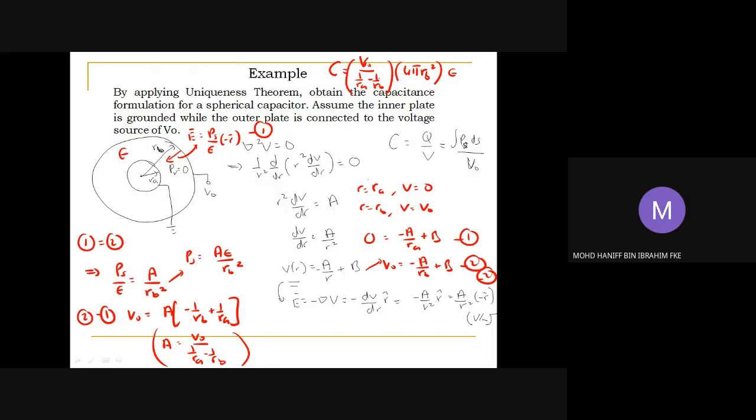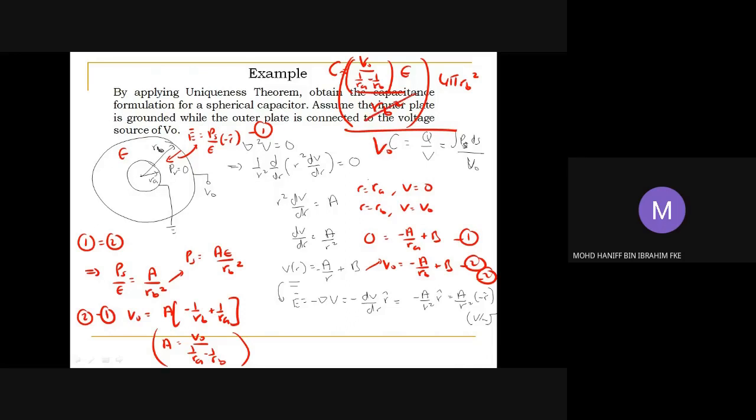Sorry, this is your A. Then we have epsilon over RB squared. That is your rho s in general. And then the ds integration will be 4 pi RB squared divided by V naught.